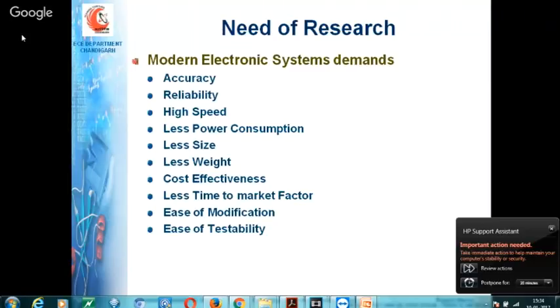Ease of testability means once your product is in working condition, if there is any fault, then testing should be easy and it should be easy to locate the fault. So these are some areas on which researchers normally work, and they try to improve maybe one or two out of these different areas. Most of the researchers directly or indirectly work on these parameters.